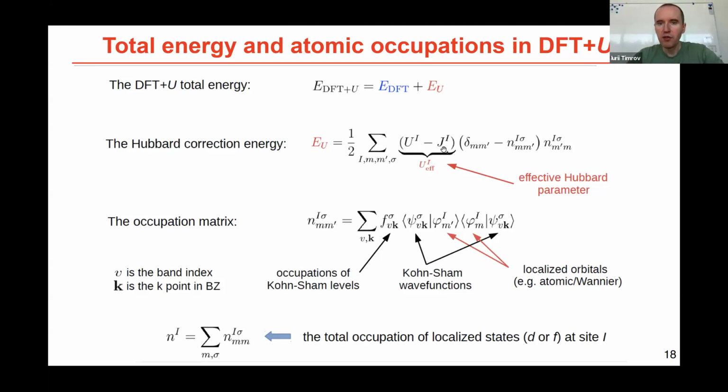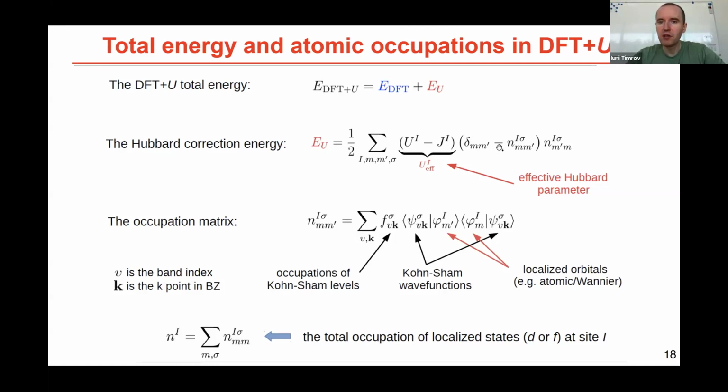Anyway, we have U minus J, which we can call U effective, the effective Hubbard parameter. It's just a constant that we don't know. Then we have the Kronecker symbol, delta M M prime. Just to remind you, this delta M M prime equals 1 when M is equal to M prime, and it is equal to 0 when M is different from M prime.